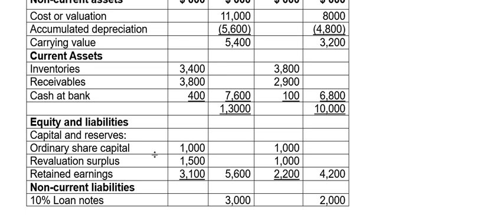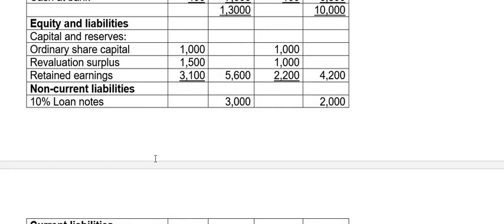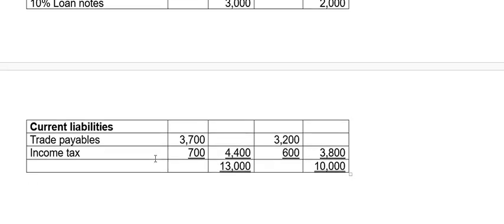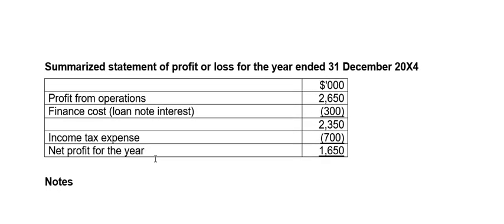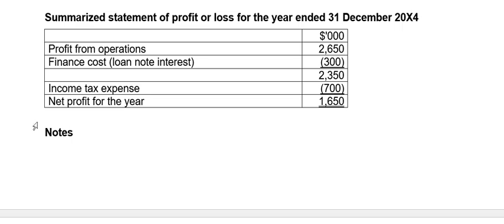We have equity and liabilities, capital and reserves, ordinary share capital, revaluation surplus, and then the retained earnings. Then we have the non-current liabilities, where we have the 10% loan notes, current liabilities, trade payables, and then income tax.